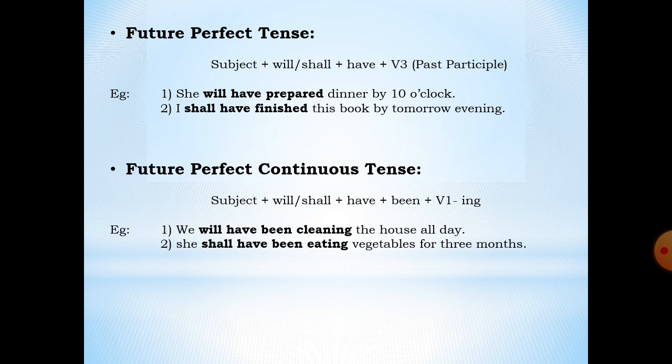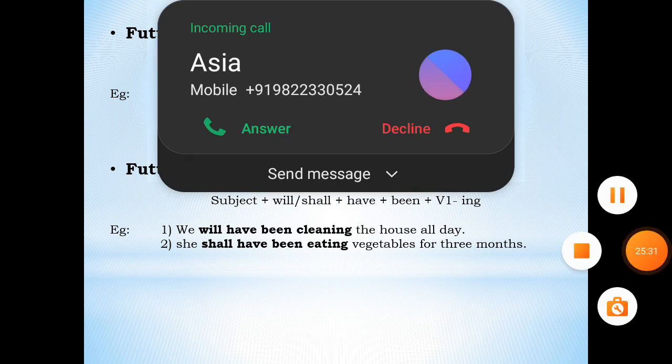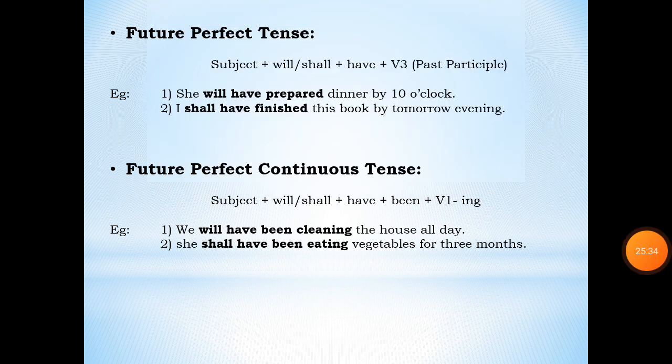Next, future perfect tense. Again, see the formula: subject plus will or shall plus have plus V3, that means the past participle of the verb. See the sentences.